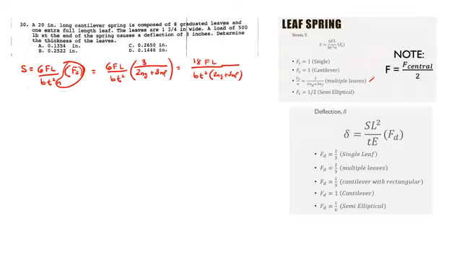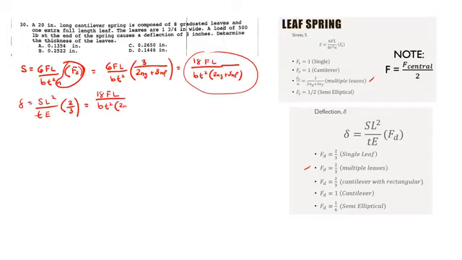Then for the deflection, deflection is equal to S L squared over T E times our deflection factor. For multiple leaves, the deflection factor is 2/3. Substituting the stress, which is this whole formula, we get 18 FL over BT squared (2NG plus 3NF) times length squared.